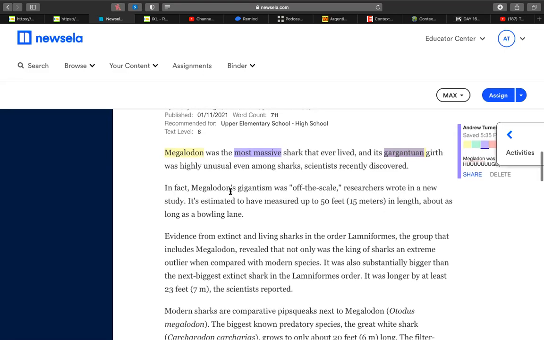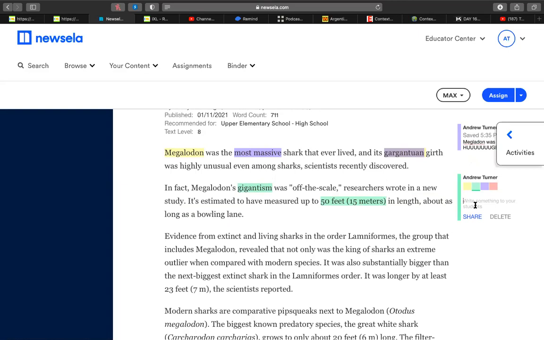Next one. In fact, Megalodon's gigantism was off the scale, researchers wrote in a new study. It's estimated to have measured up to 50 feet, 15 meters in length, about as long as a bowling lane. Okay, so a bowling lane here.